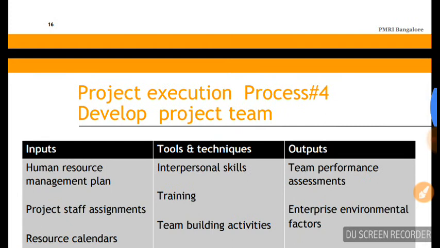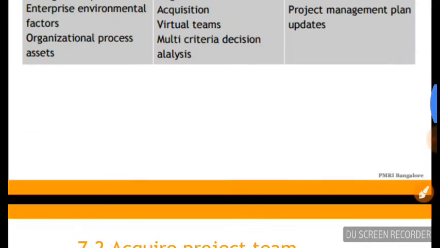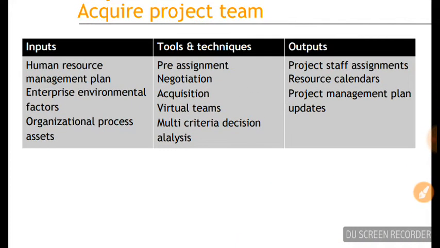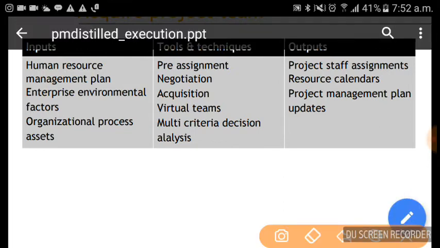Then here, going back here, pre-assignment means, okay, while recruiting, instead of giving a permanent position, somebody on probation is a good example for pre-assignment, because during the probation time we evaluate that person.